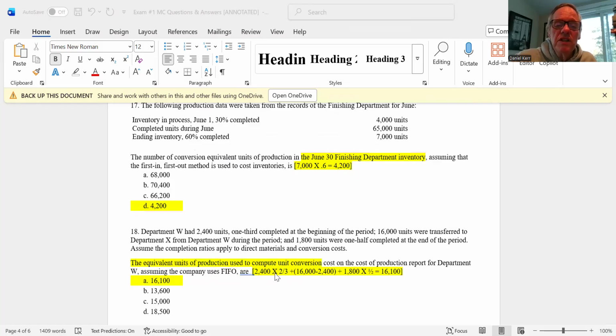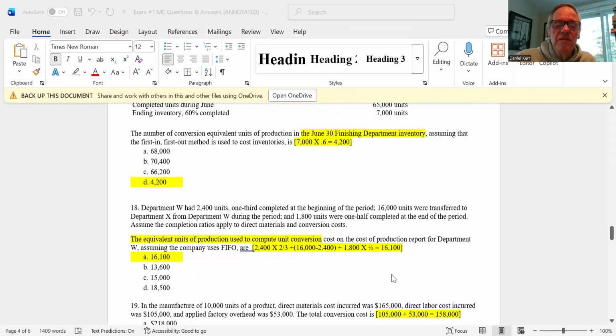So that's 2,400 units that were 1/3 complete. So 2,400 times 2/3 would be done this period. And then the started and completed would be the 16,000 units that were transferred, but of those, 2,400 were in beginning work in process. So that would be 16,000 minus 2,400. And then you had the 1,800 units that were 1/2 complete at the end of the period. So 1,800 times 1/2. That gives you a total of 16,100. And the answer there is A.